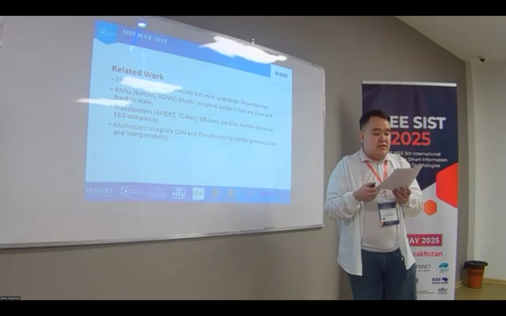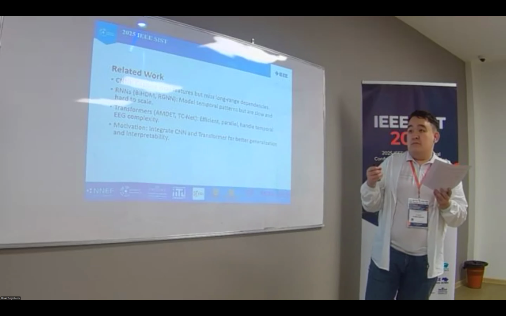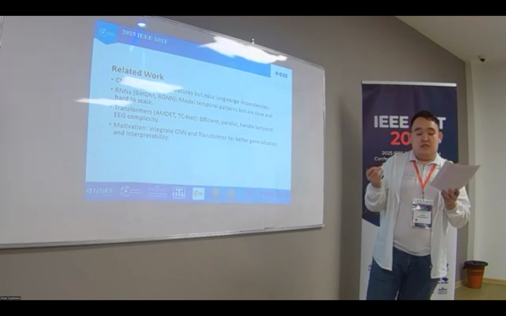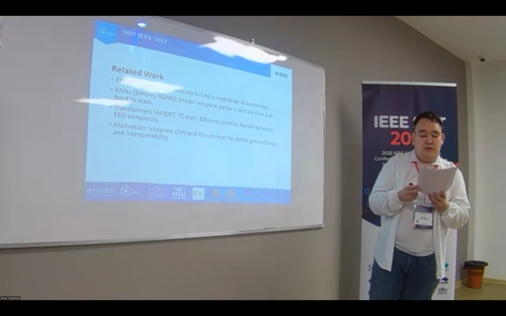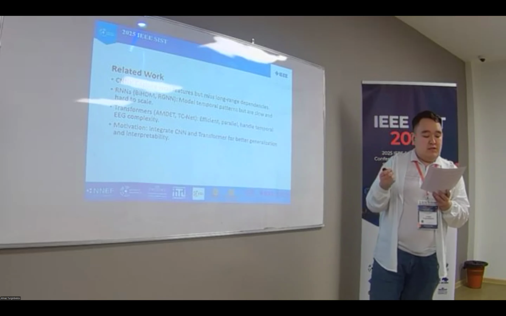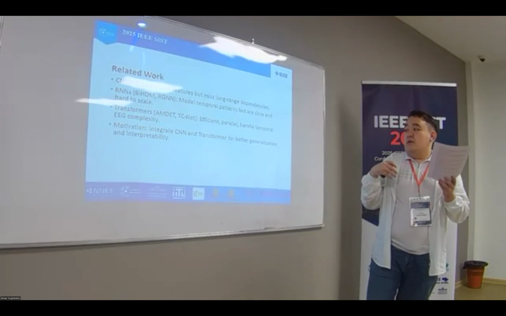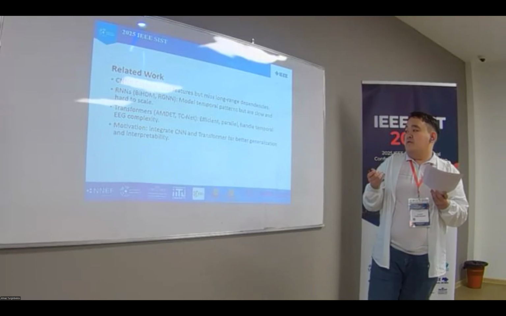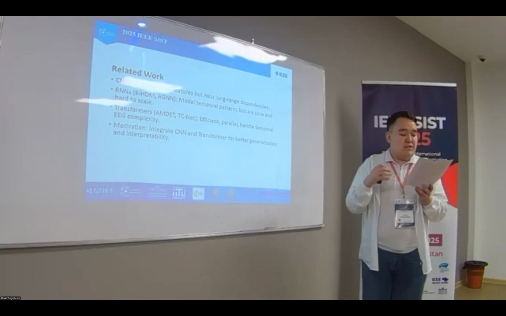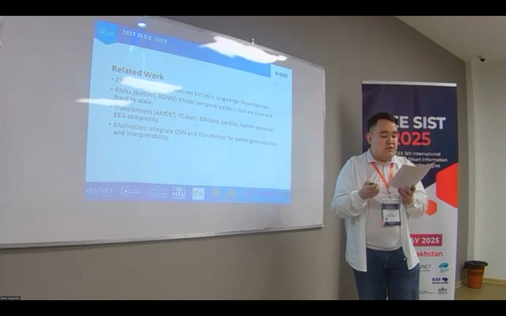Older models use CNNs and RNNs. They're good for use in EEG, but CNN needs time-based changes, and RNN is a little bit slow. So transformers are efficient, can be parallel, and handle temporal EEG complexity. So we use CNN and transformers together.